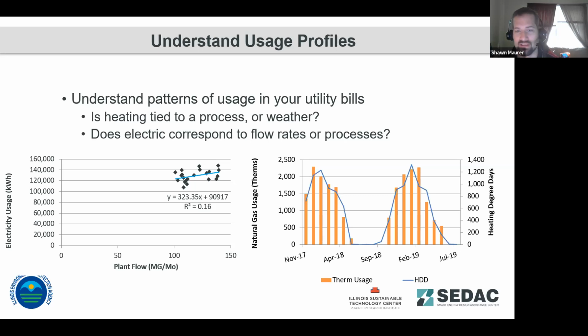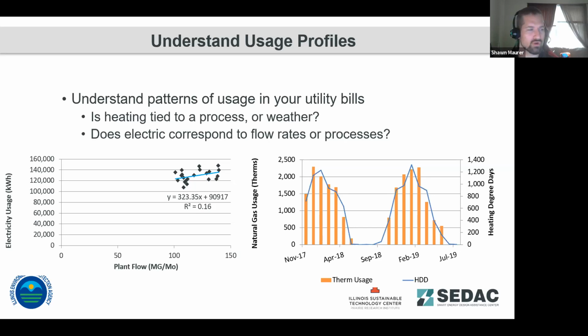The next thing we're going to be looking at in that report, we'll get into a detailed analysis of your utility energy consumption. You'll see a couple of different charts in that utility analysis section of the report. We're going to be comparing your plant flow to your electric usage, either in a scatter plot or a bar chart, depending how clear the correlation is between those.